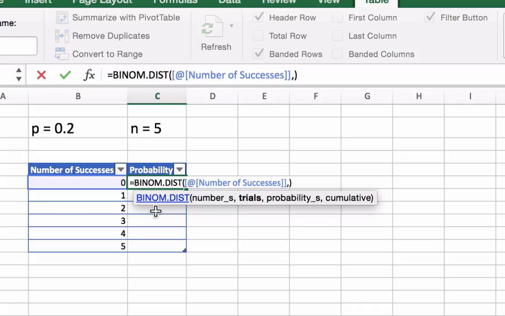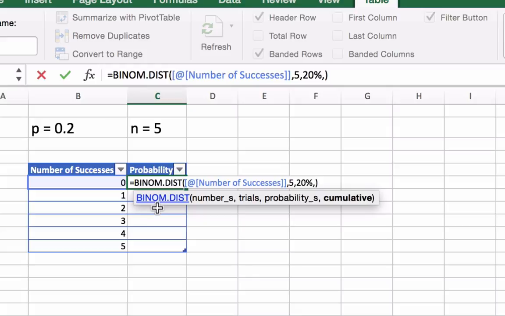Then comma, number of trials will be, in this case, 5. Comma, probability of success is going to be 20%. You can either express it as a decimal or as a percentage.